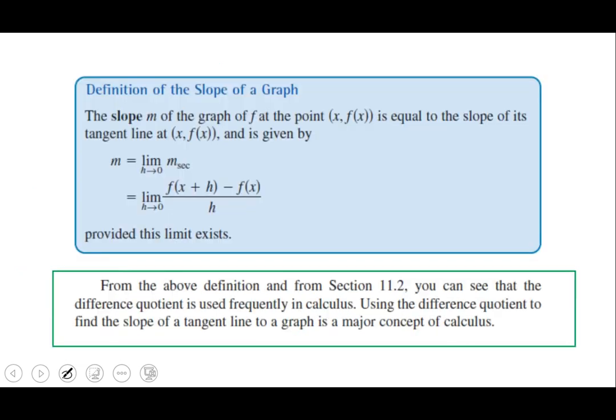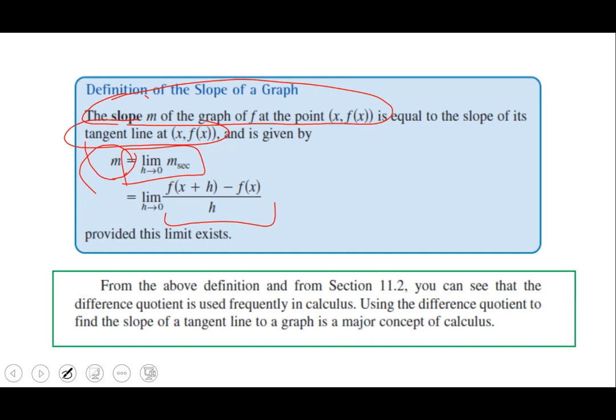So here is the definition of how you find the slope of a graph at a specific point. It is equal to the slope of the tangent line at that point. That slope of the tangent line is called m. The way you calculate m, the slope of the tangent line, is by taking the limit of the slope of the secant line, and the slope of the secant line is found by using the difference quotient.